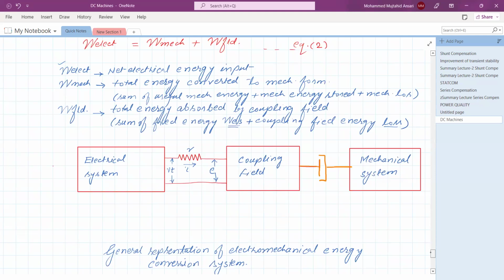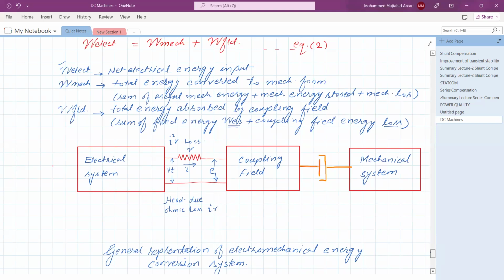Let the terminal voltage be VT and the EMF induced over the armature be E. When the current I flows, there is an I square R loss, meaning the resistance loss, and this resistance loss produces heat, heat due to ohmic loss. What is ohmic loss? I square R loss is the ohmic loss.